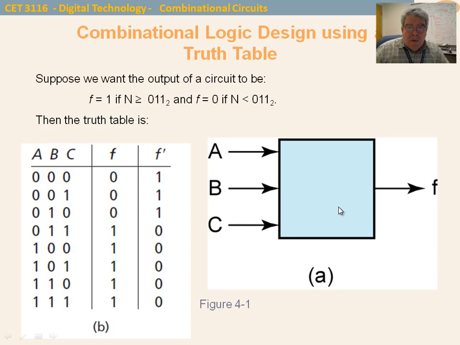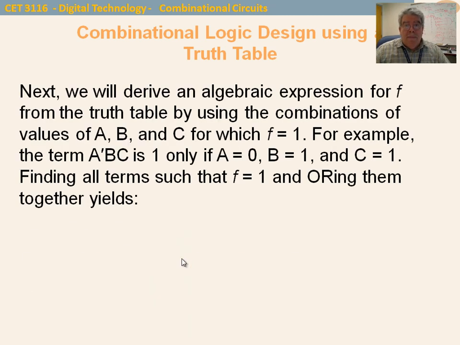So for this particular truth table, we start with this first term, and this first term can be described as A naught, B, and C. Why? Because we want this to be 1 whenever we have these 3 values. If you plug the 0 into the A naught, you will have a 1. And then B being 1 and C being 1 makes A naught, B, and C equal 1, right?